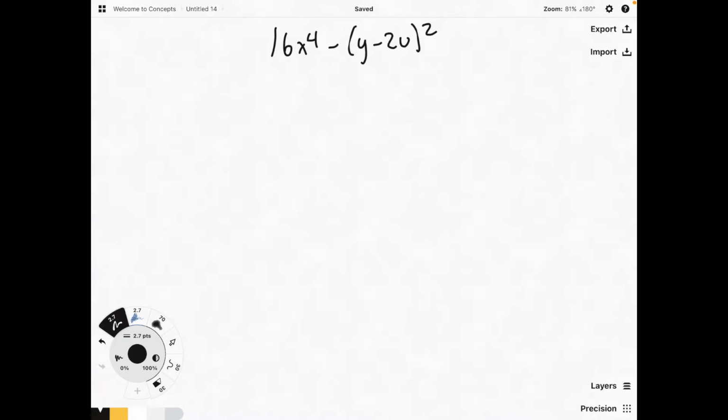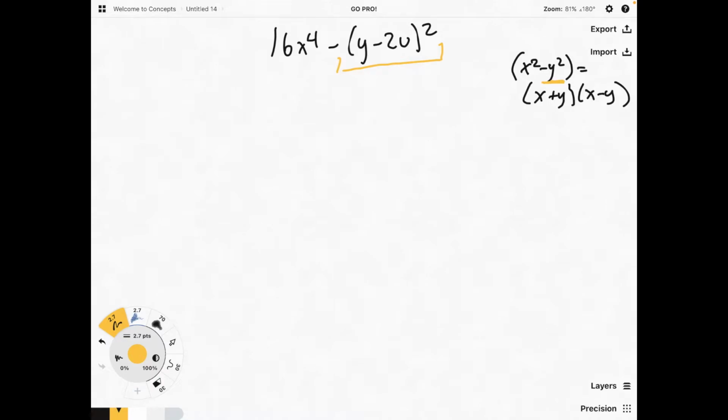Okay, so our next problem, we have 16x to the fourth minus y minus 2u squared. So again, we look at our rule to see if we can manipulate the equation to match. And our rule states that x squared minus y squared equals x plus y, x minus y. So thinking about that, we do see that this is already in a square form for y.